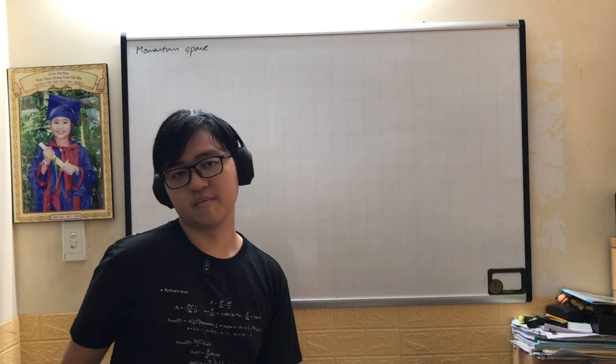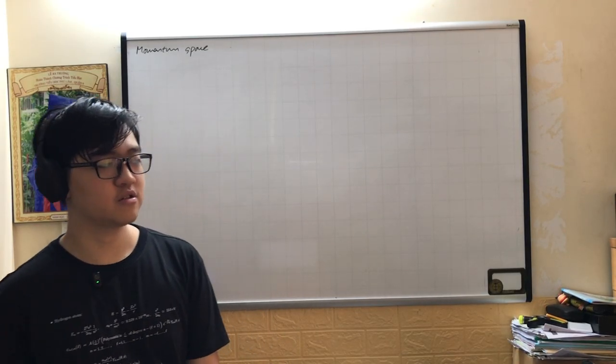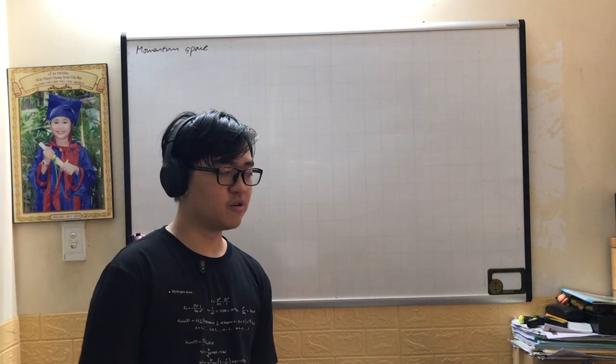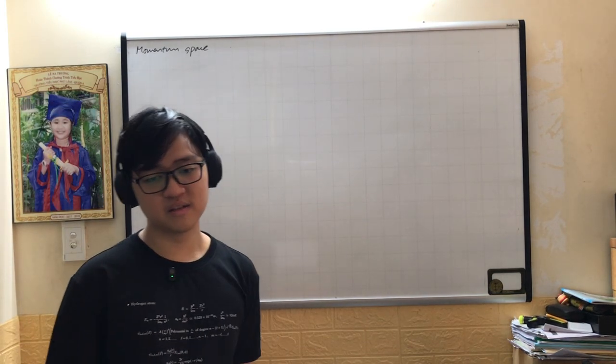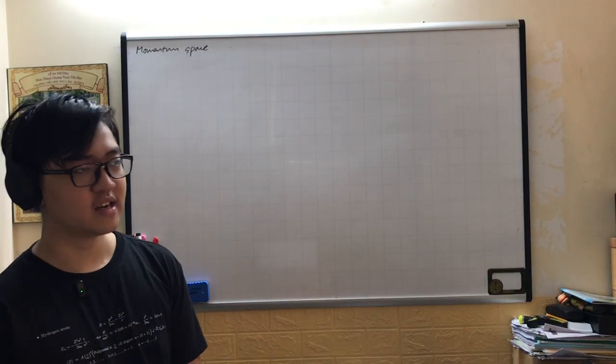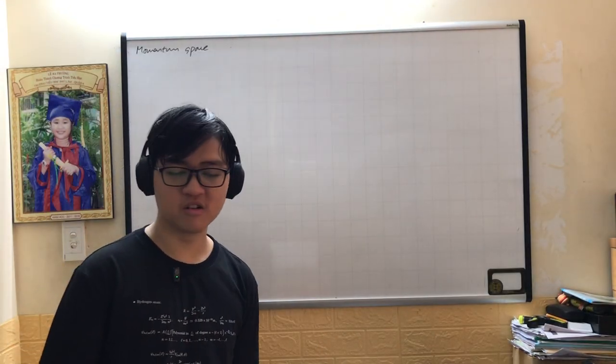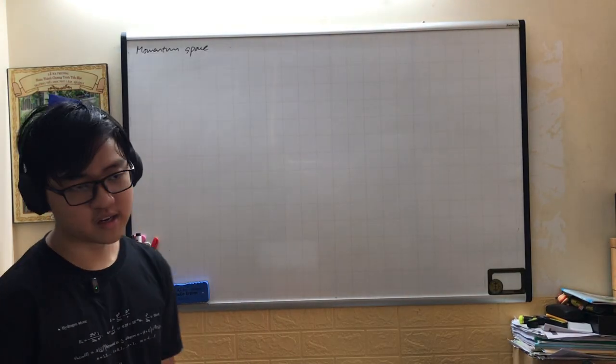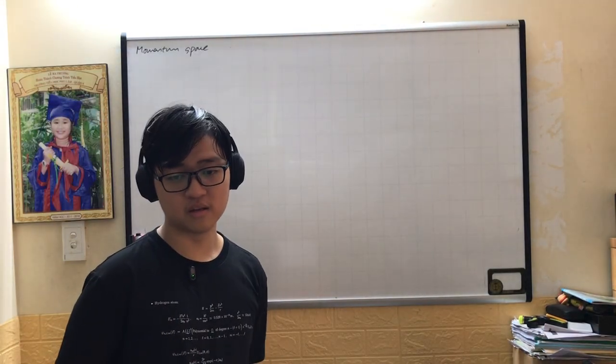But what if you want to put it in momentum space? Well, as we know, momentum p and k have a very close relationship with each other. So we'll see right now how we're gonna do that.